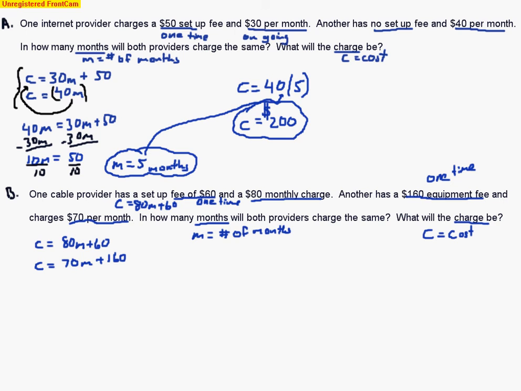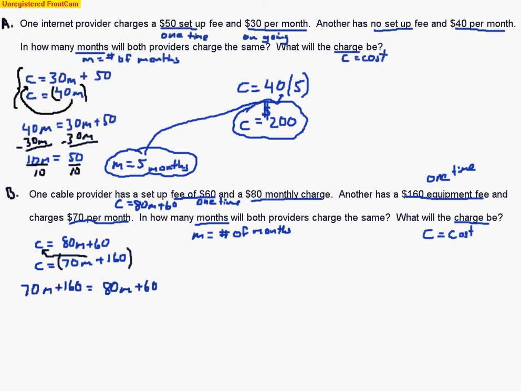So now we've set up our system, and we can go ahead and solve. We're going to take this expression right here, 70M plus 160, and since it equals C, we're going to substitute it in for C. So let's see what we've got now. We'll rewrite our equation. In place of C, I'm writing 70M plus 160, and this all equals 80M plus 60.